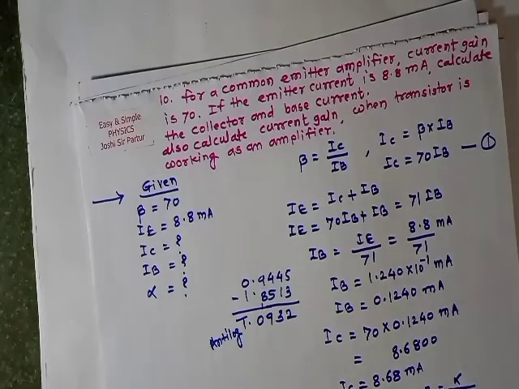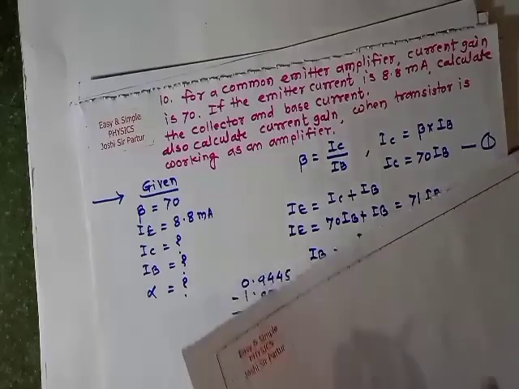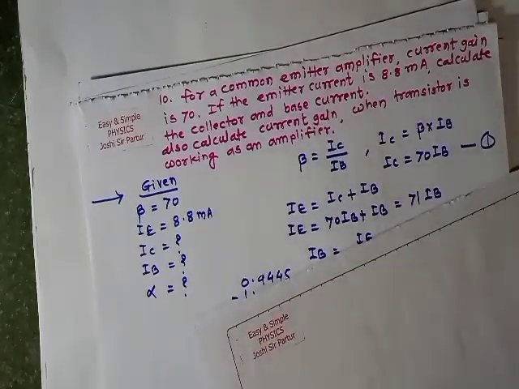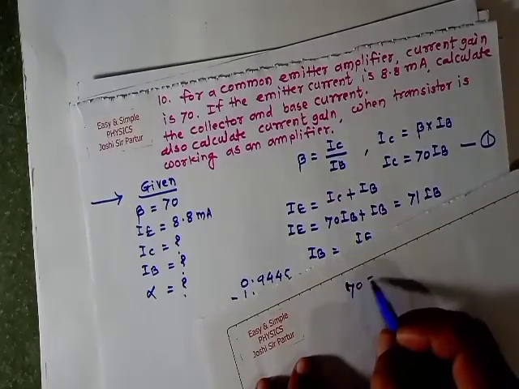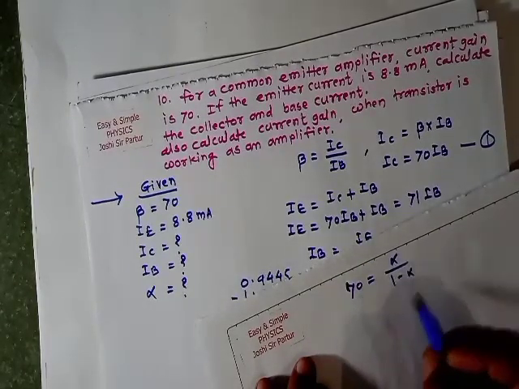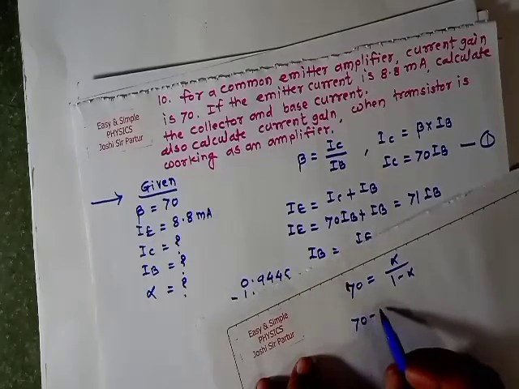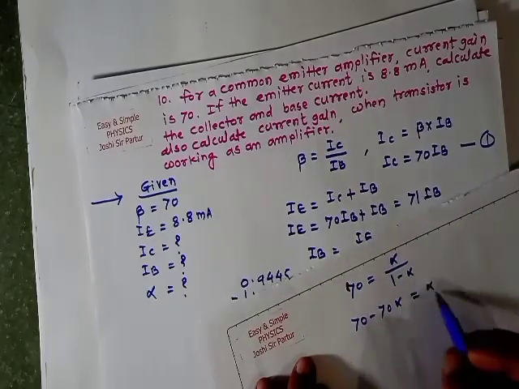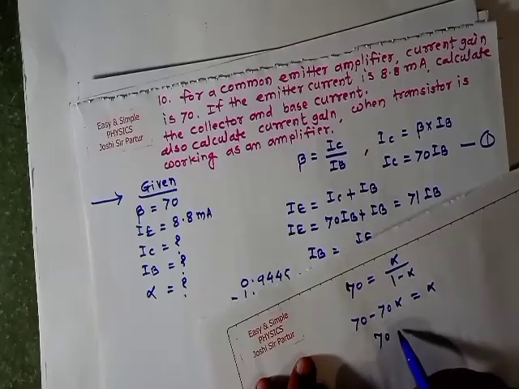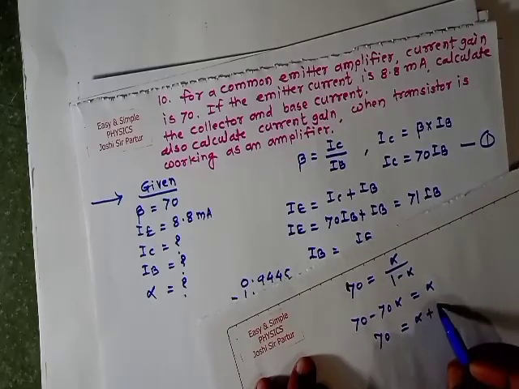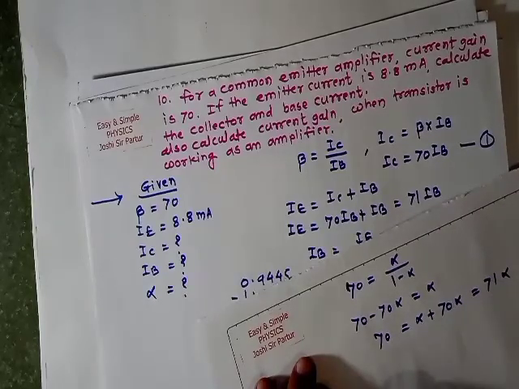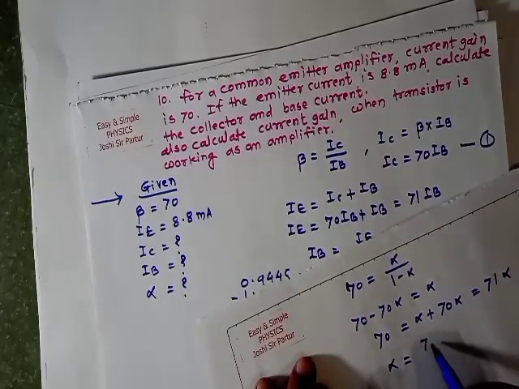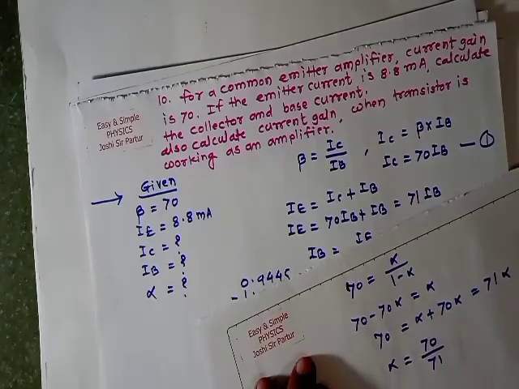If we use this term, beta is 70, so 70 is equal to alpha upon 1 minus alpha. So 70 minus 70 alpha is equal to alpha. 70 is equal to alpha plus 70 alpha, which is 71 alpha. So alpha is equal to 70 upon 71.